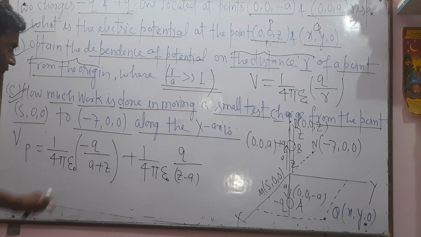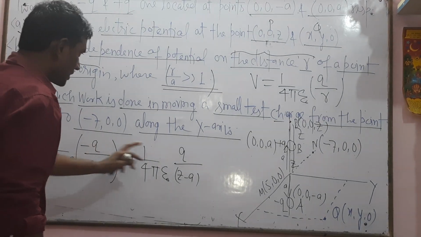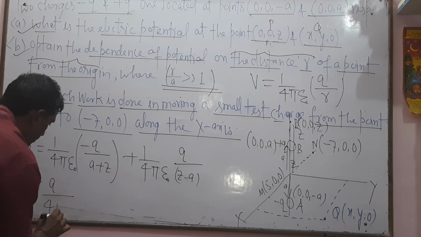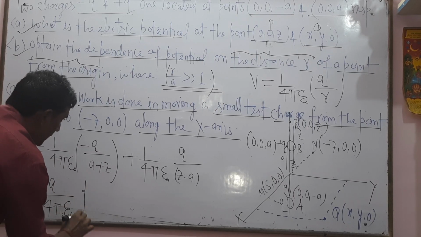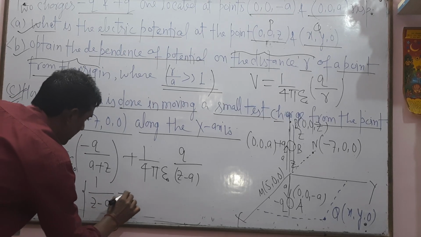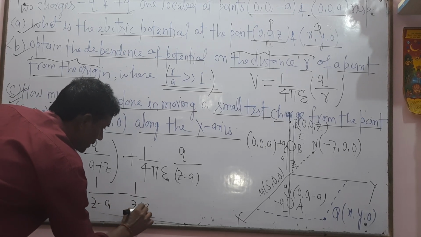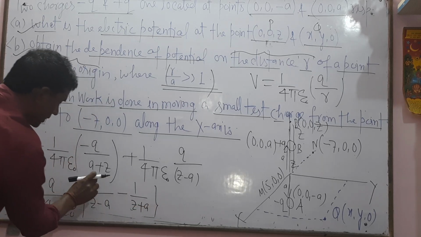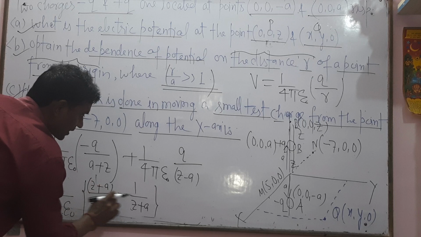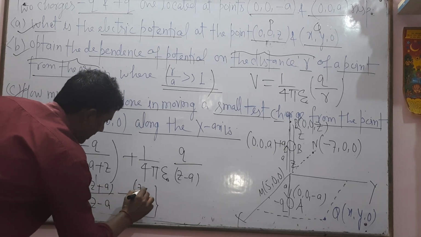Okay, we can simplify here, Q will be common. So Q divided by 4 pi epsilon naught into 1 upon z minus a minus 1 upon z plus a.